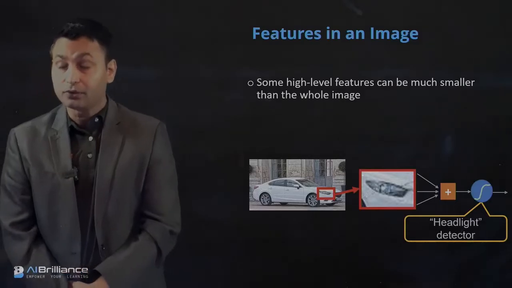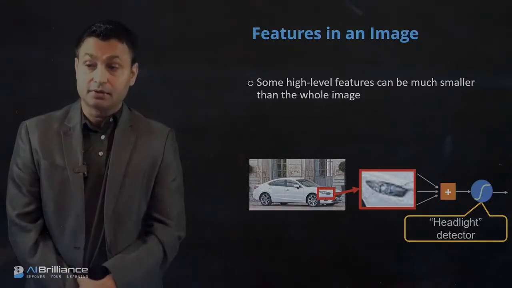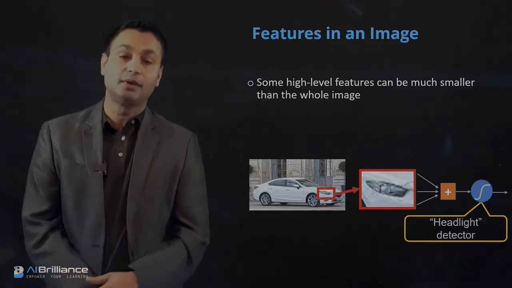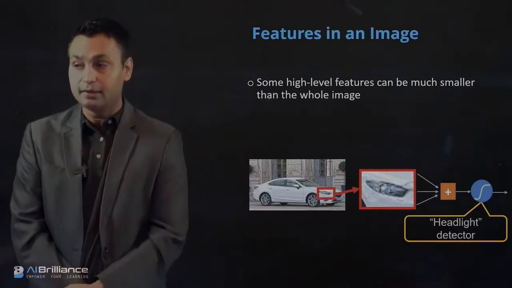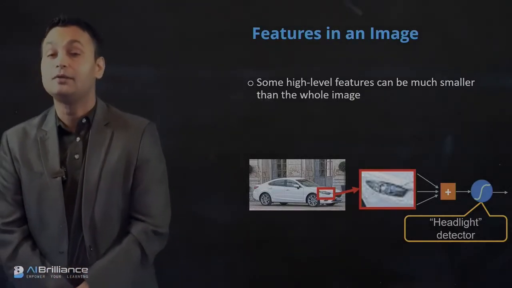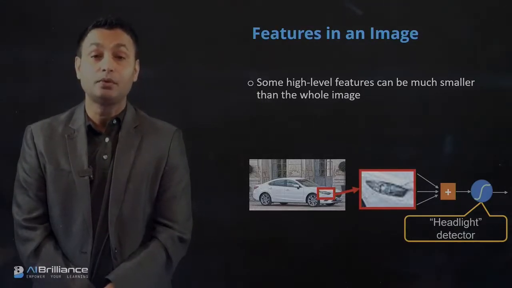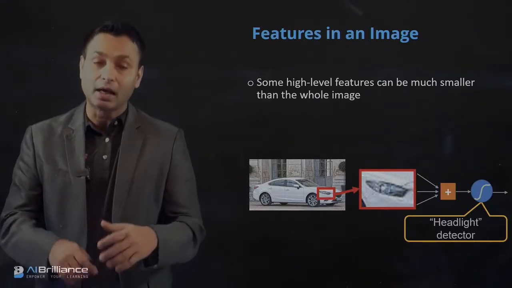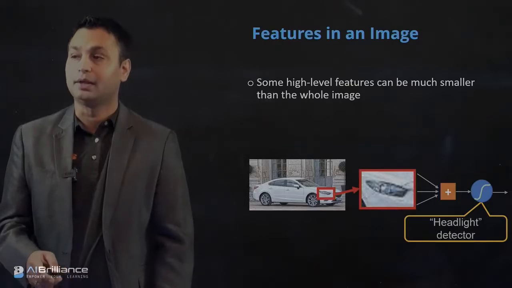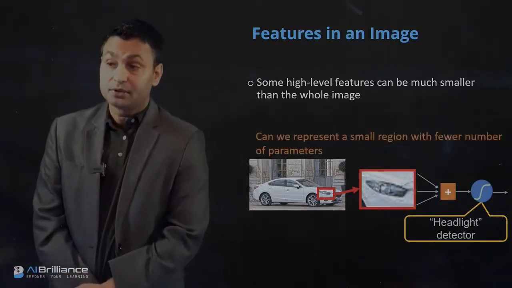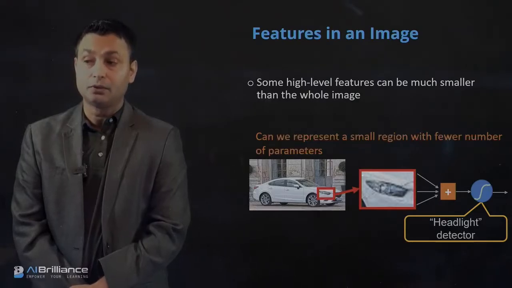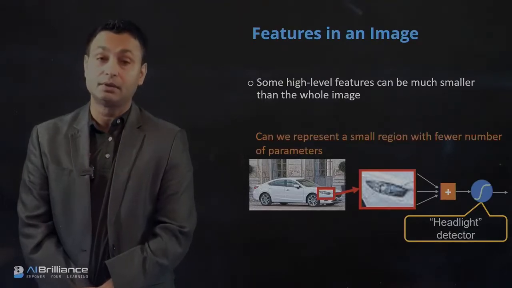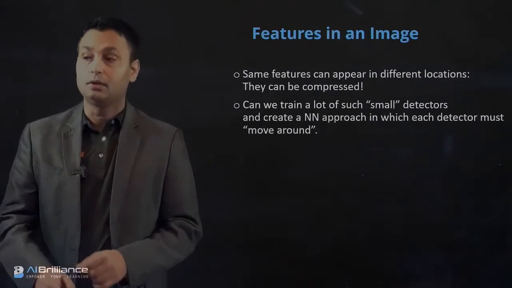If we can recognize these features, then we can compose, in different layers, different types of feature detectors: headlight detectors, car tire detectors, rear-view mirror detectors. Then we can compose a recognition system which sums up all of the small-level features to identify the larger object in the overall image. Can we represent a small region with a fewer number of parameters? As you will see, we can reduce the overall number of parameters needed in the network to learn object recognition.